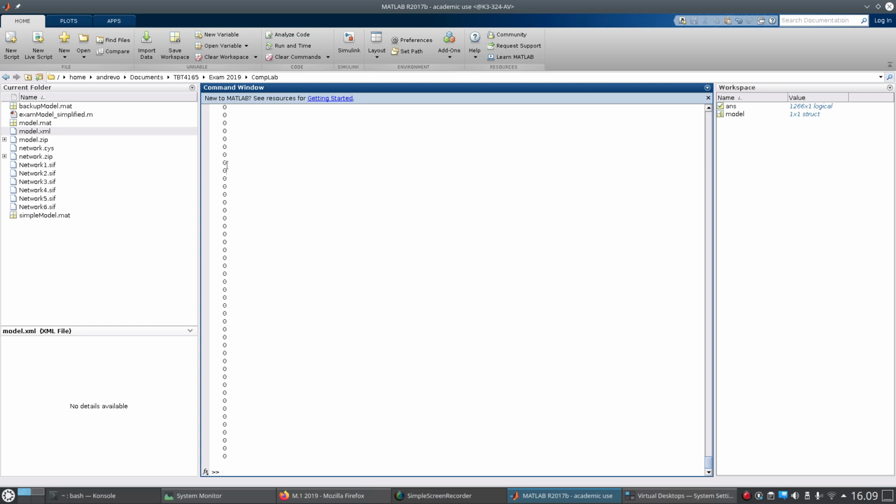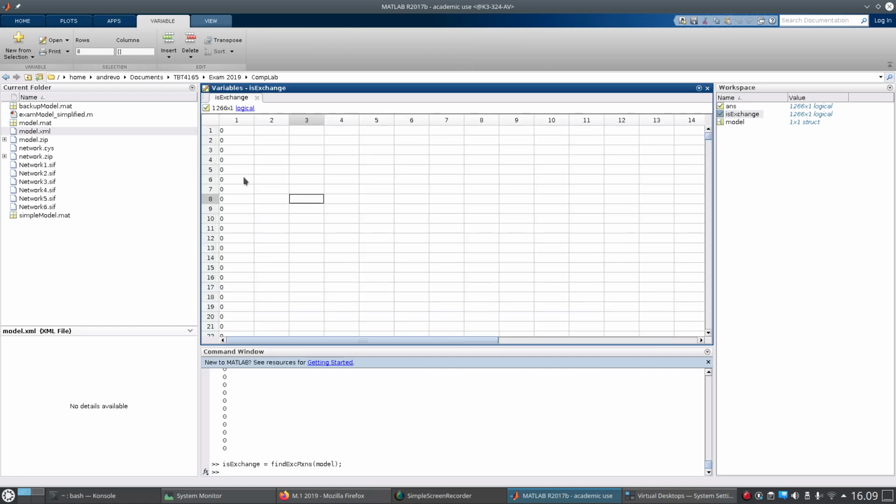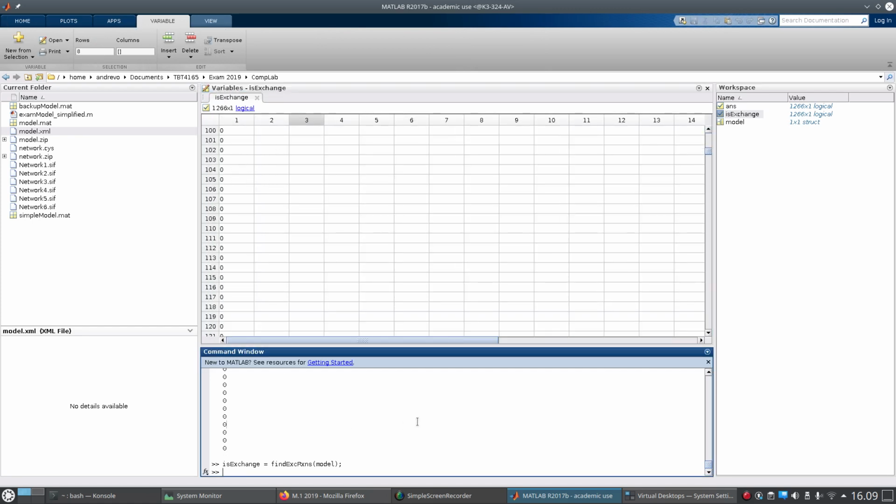So we might actually want to store this into a separate array. So we can just say exchange equals findExcRxns of model. And then if we look at that, that will just contain the output from that function.